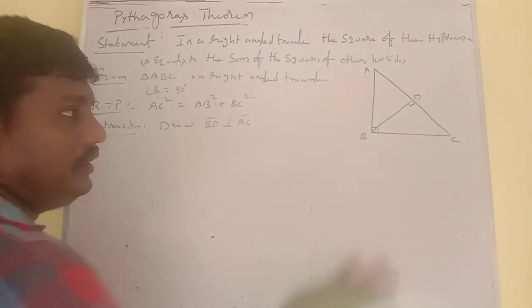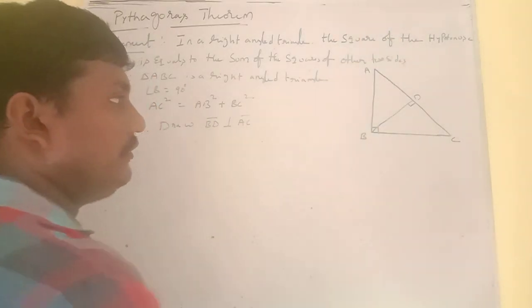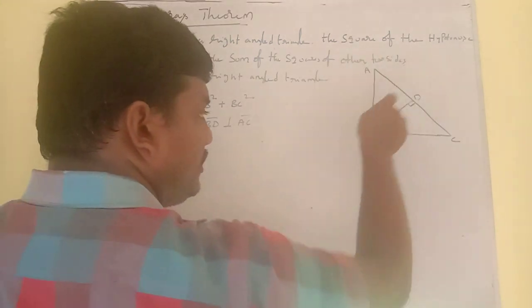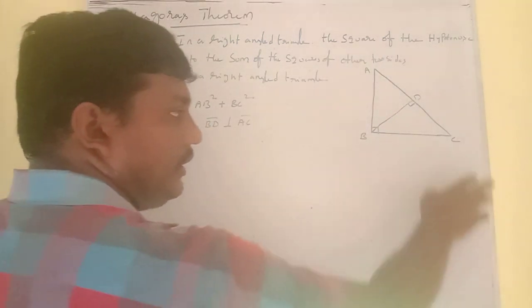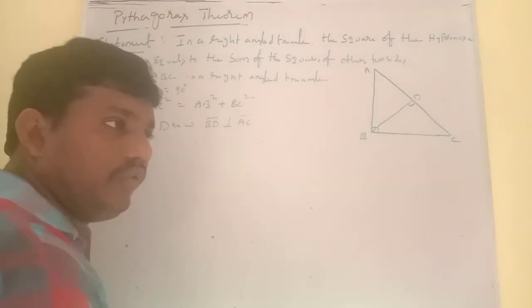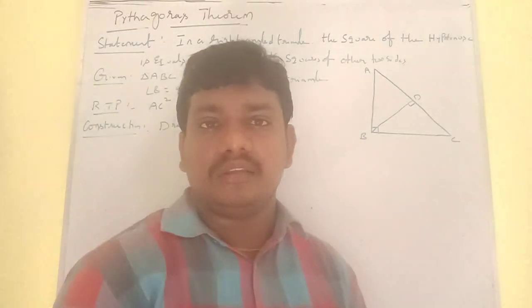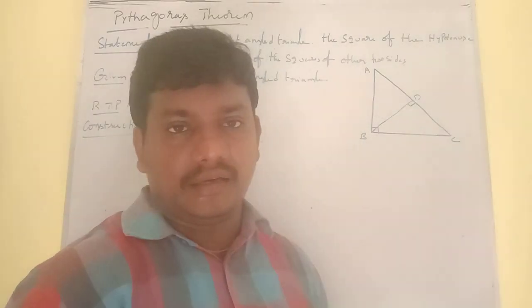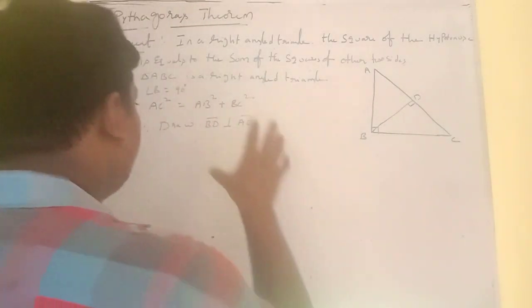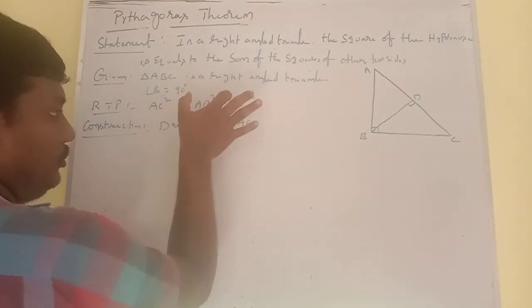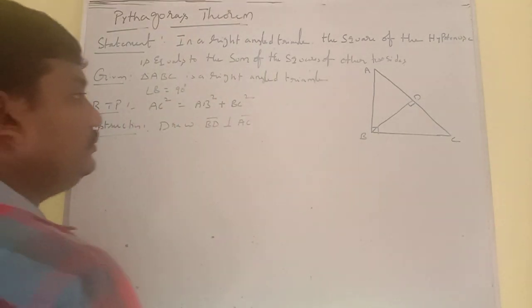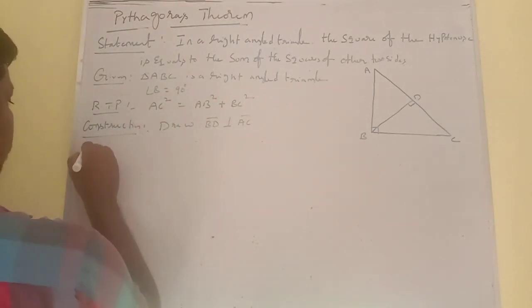Totally I have three right angle triangles here: right angle triangle ABC, right angle triangle ADB, and right angle triangle CDB. Now we are going to compare these three right angle triangles. By comparing them, we can get the relation between the hypotenuse and the sides. So now I am going to prove.